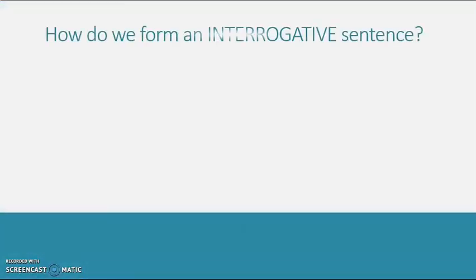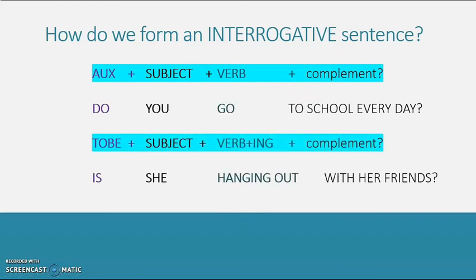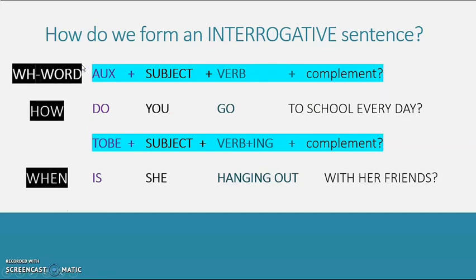So, using the same structure for yes-no questions, we will form the WH ones. Auxiliary or to be plus the subject plus the main verb and the complement. In this case, we will add at the very beginning the WH word.